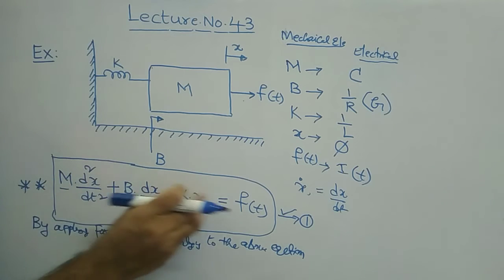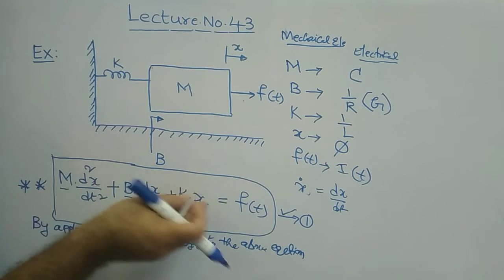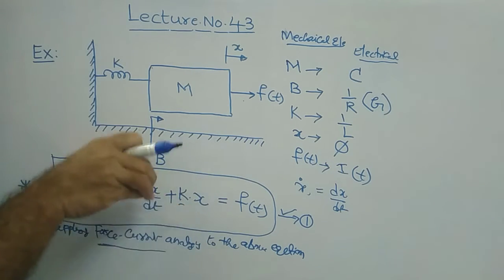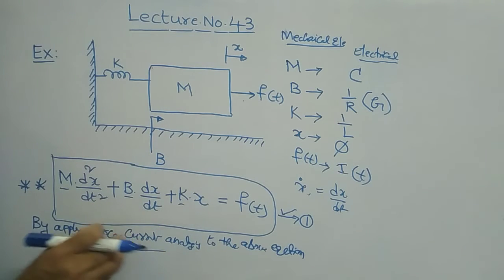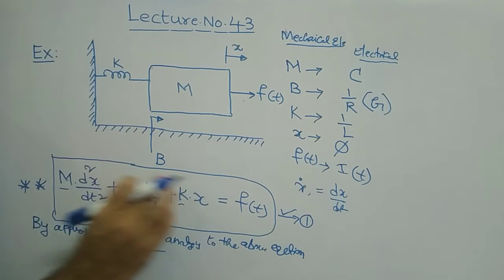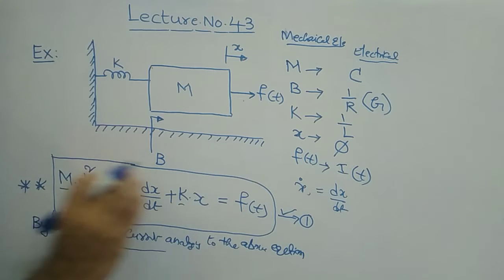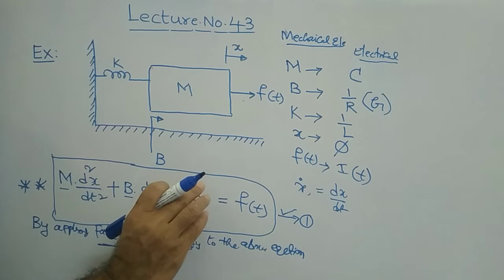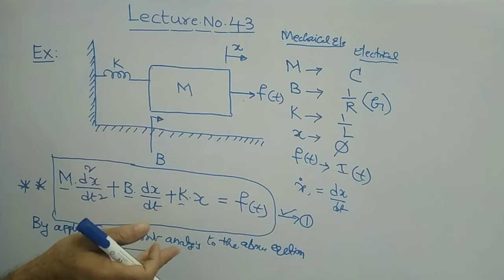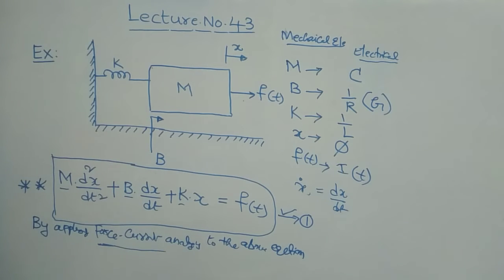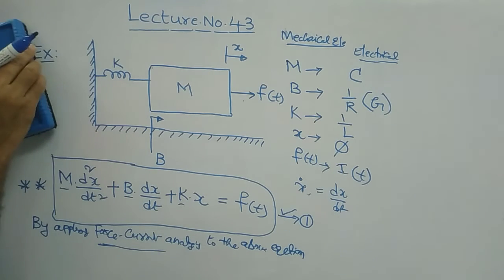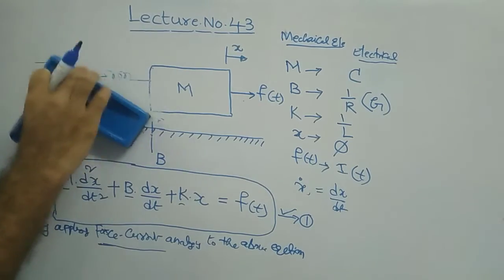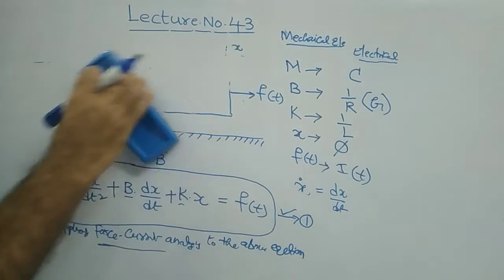This is the differential equation in terms of the mechanical elements. After applying the force-to-current analogy, the mechanical differential equation is converted into equivalent electrical elements. You will get another expression with the electrical elements.